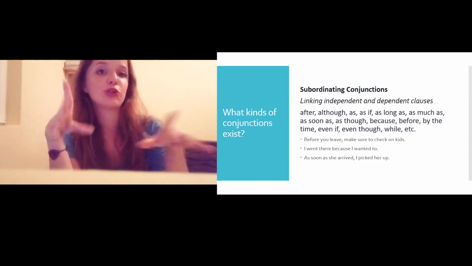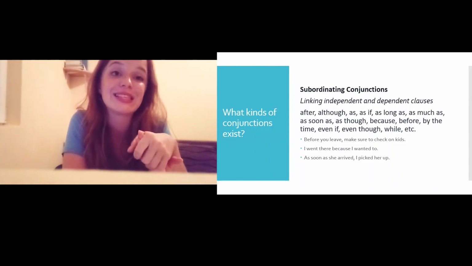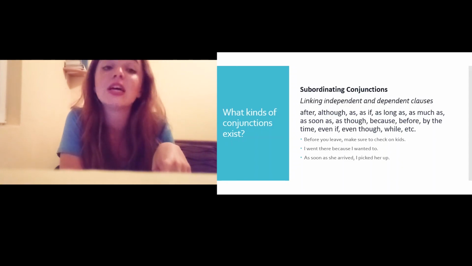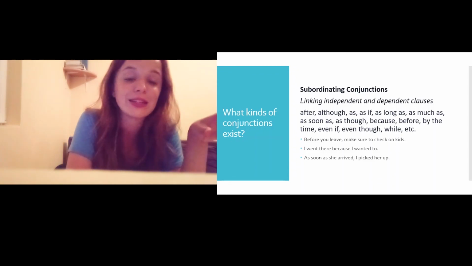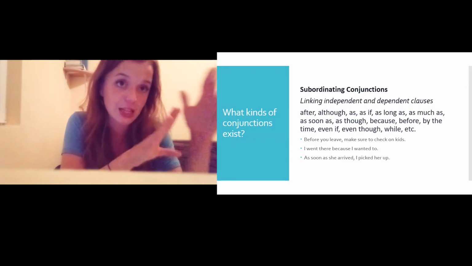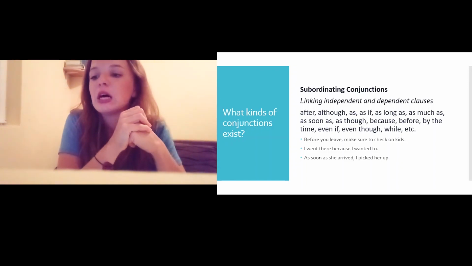Make sure to check on the kids is an independent clause, you can say that sentence and it's complete, while before you leave is a dependent clause. Before you leave cannot stand alone, so you lean it on another statement that is complete to round up its meaning.